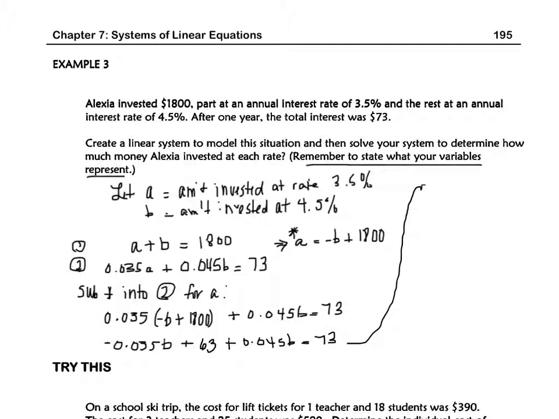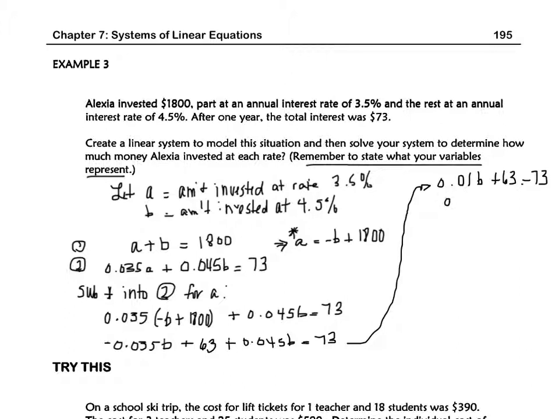So if we simplify that, 0.045 minus 0.035, we know that that's going to be 0.01B plus 63 equals 73.